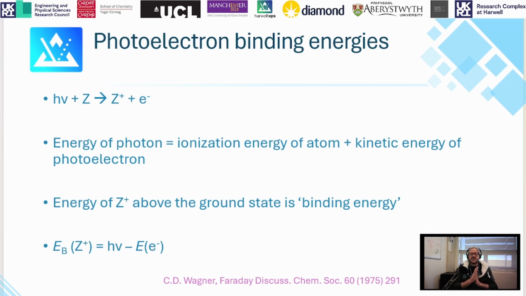So the energy of this Z+ atom with the core hole above the ground state is what we refer to as the binding energy. And so this leads us right back to our photoelectric effect equation, where we have EB of Z+. So the binding energy of Z+ is equal to hν, the incoming energy of the radiation, and then subtract from that the energy of the emitted photoelectron in kinetic energy terms.